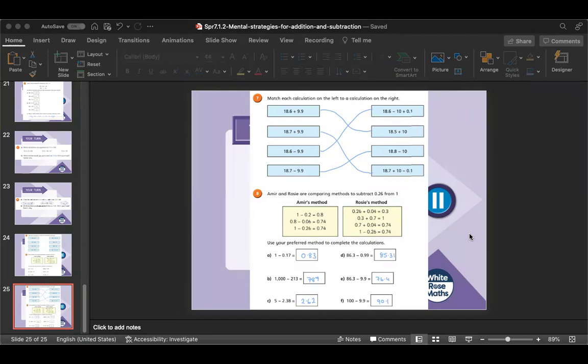So, for example, a typical example I was explaining, if someone asks you what is 18.6 plus 9.9, mentally, although it may look challenging, by practicing mentally to say, oh, 9.9, I just need 0.1 to make it 10, and that 0.1 should come off from the 18.6, which is 18.5. So my answer is actually just 18.5 plus 10. So my answer is actually 28.5. So these mental strategies will serve you really well in your study of mathematics moving forward.